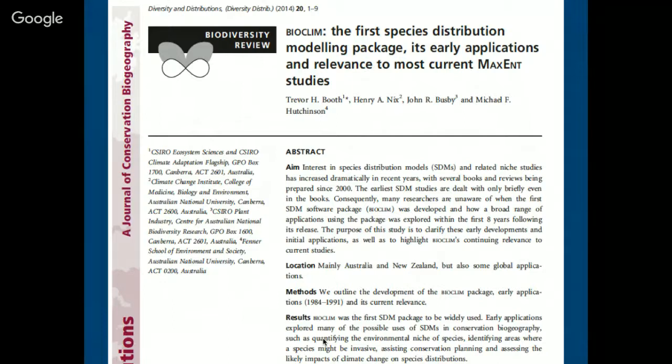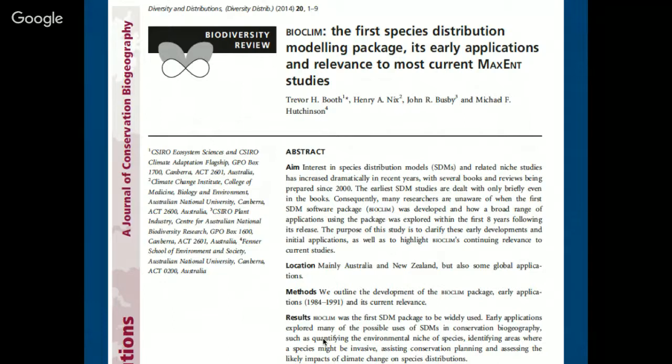But the authors, who are four important figures in this early Australian period, state the earliest SDM studies are dealt with only briefly, even in these books and reviews published recently. I am a co-author of one or more of those books, so I guess I'm guilty.